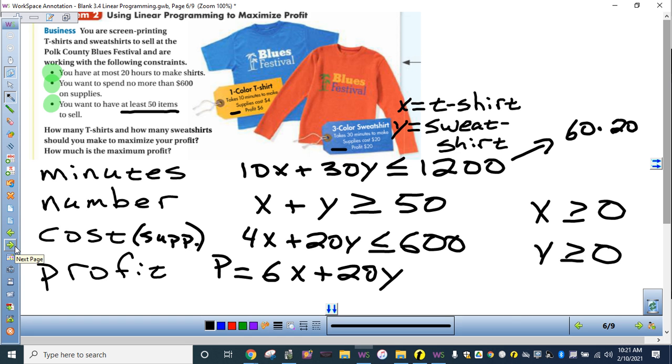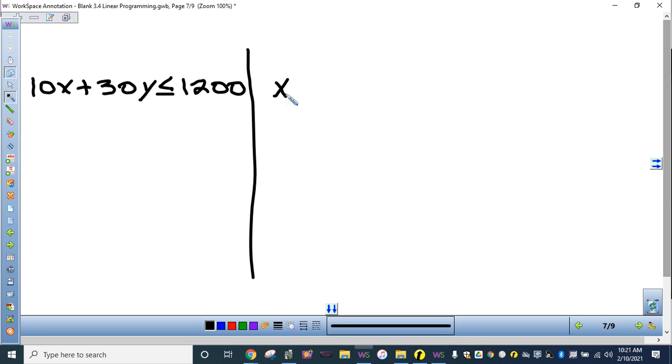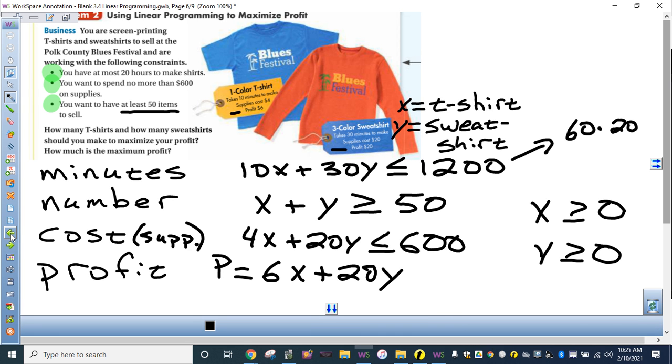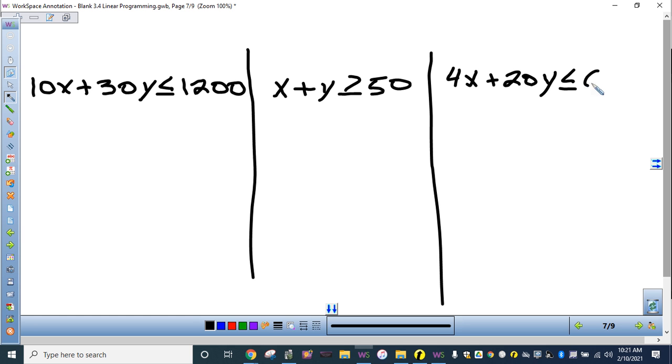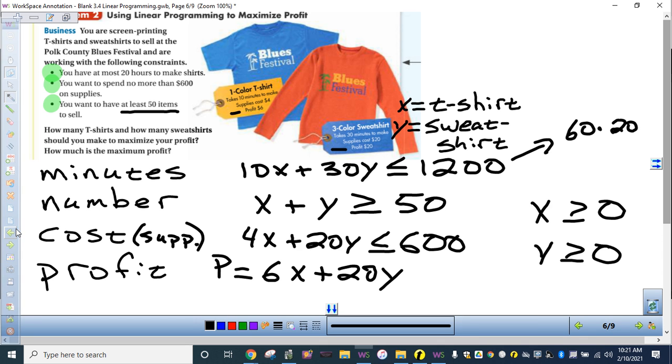Then we're going to do x plus y greater than or equal to 50. And then last, we're going to do 4x plus 20y less than or equal to 600. So this was the minutes, number, and cost.